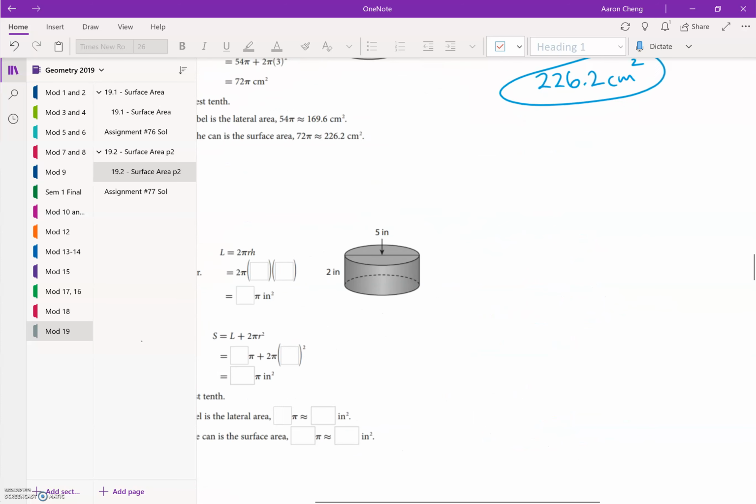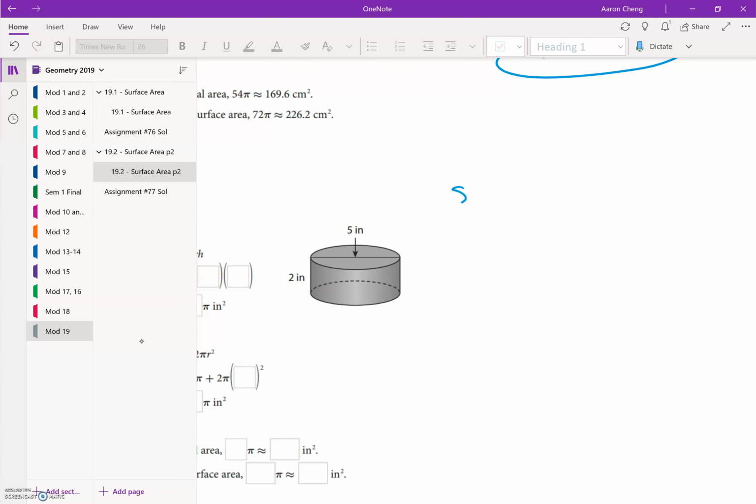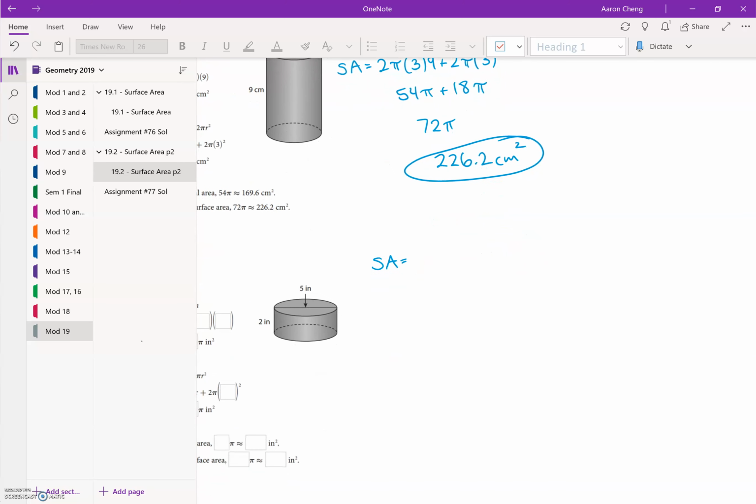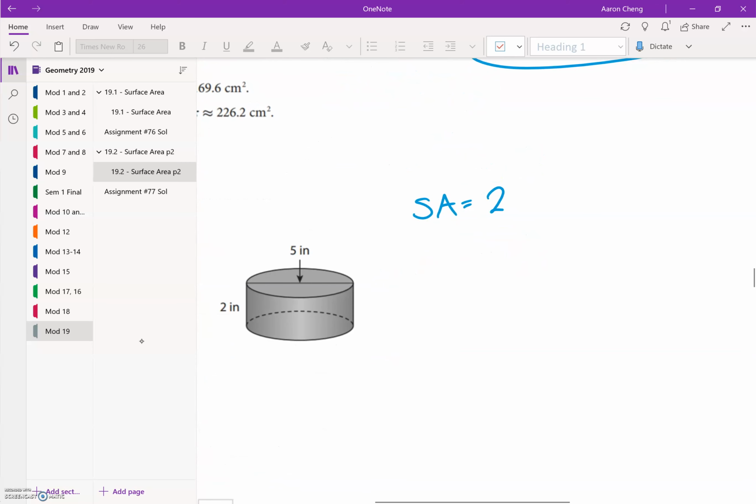All right, let's go ahead and do the same thing for this one here. Once again, the surface area is 2 pi r times height plus 2 pi r squared. Yeah, that looks good.